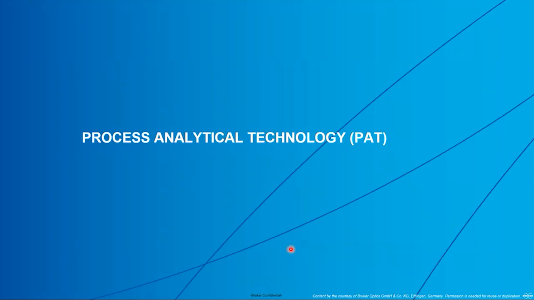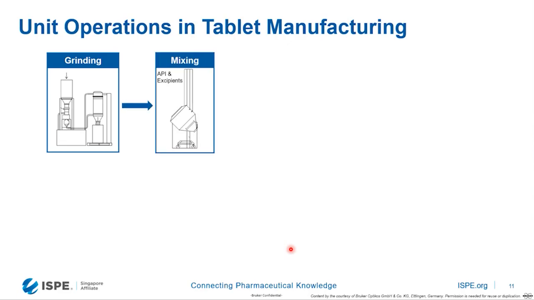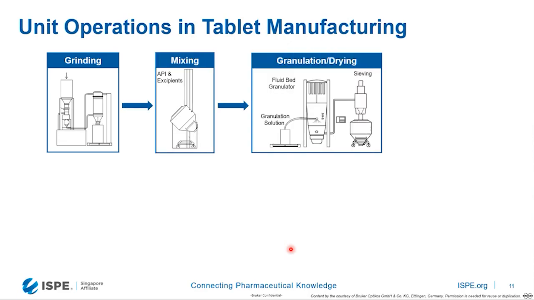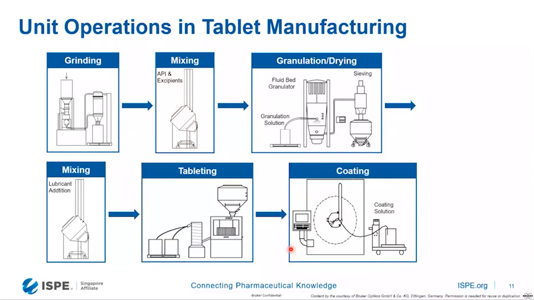Next is the explanation about process analytical technologies by NIR. As explained earlier, NIR has a benefit because it is less sensitive, so it can deal with a thick sample like 5 millimeters or 1 centimeter, and it can deal with samples that have moisture. In the secondary pharmaceutical industry, you have several processes from grinding to mixing, granulation and drying, mixing again, tableting, and coating.